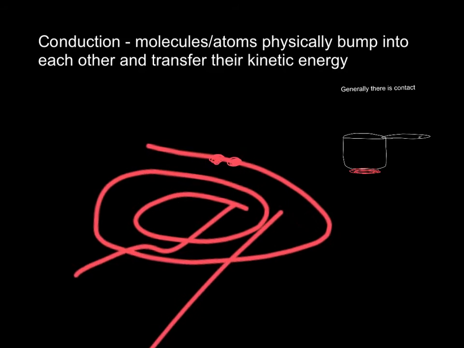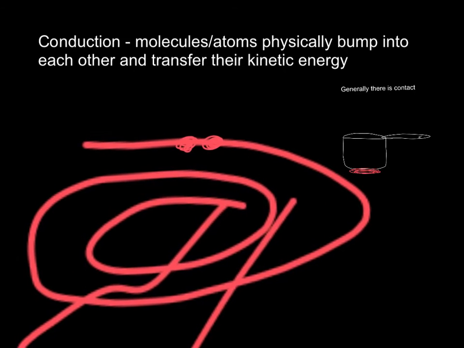Well, this molecule here that's bouncing around all over the place is going to touch the bottom of our pot. Here's the bottom of our pot, and here's a little molecule on the bottom of our pot.